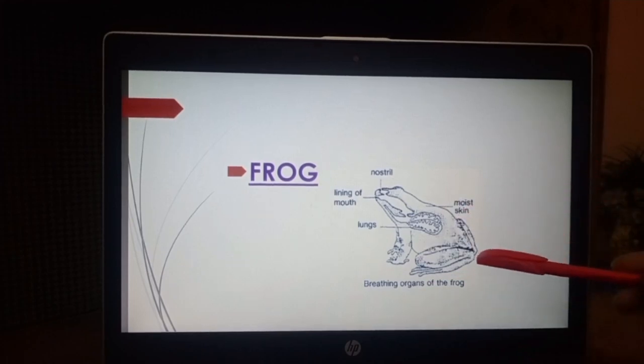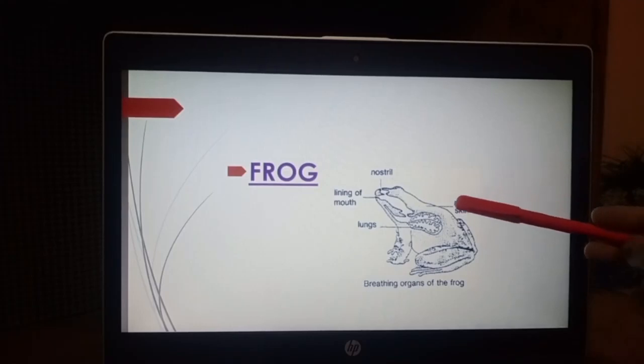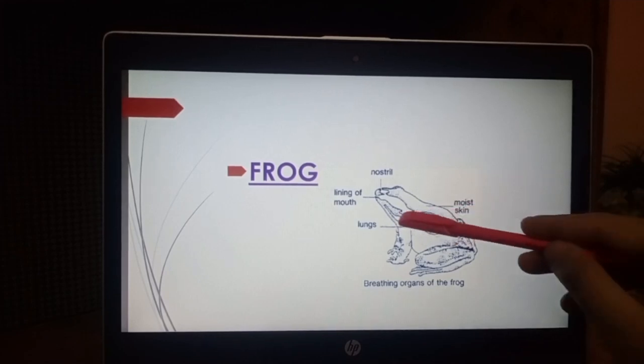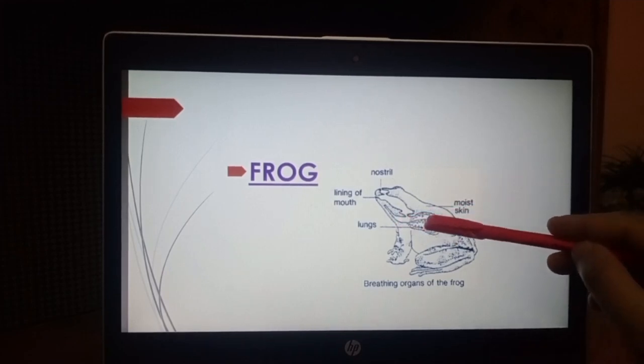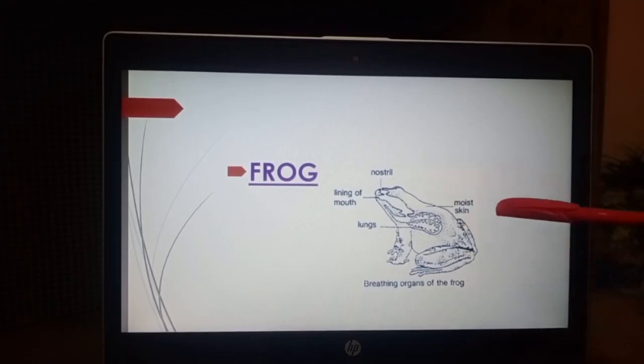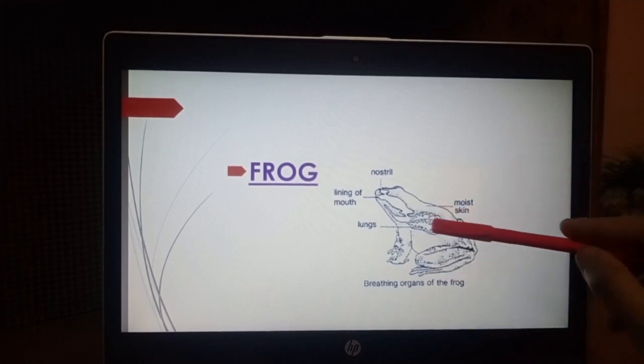Whenever the frog is on land, it has two breathing organs, that is lungs and its moist skin. Lungs help the frog to breathe when it is on land, and moist skin helps it to breathe when it is underwater.